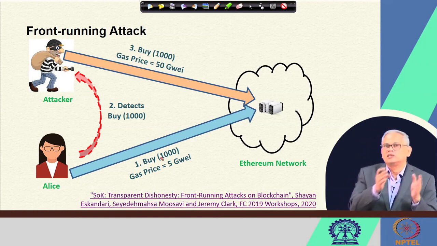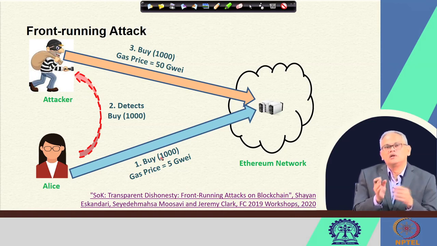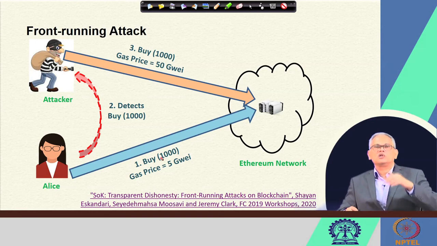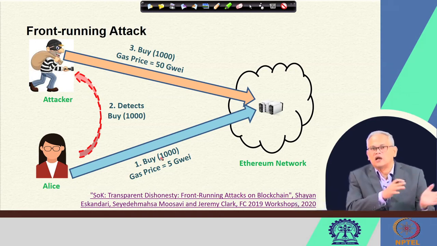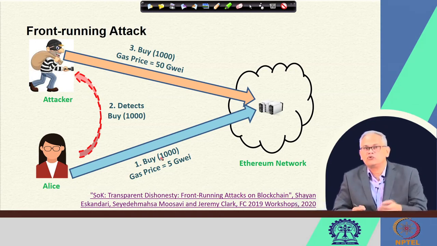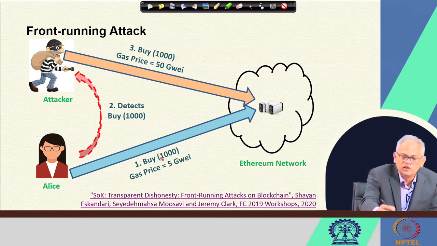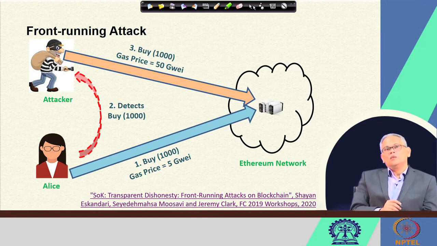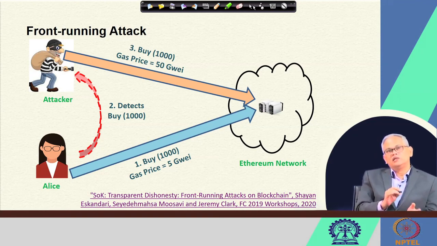So, instead of paying 110 into 1000 rupees, it got it at 100 into 1000 rupees, and that is what is called front running, because it is running in front of that other transaction. And it could do it by pushing its transaction to get included before the other transaction.